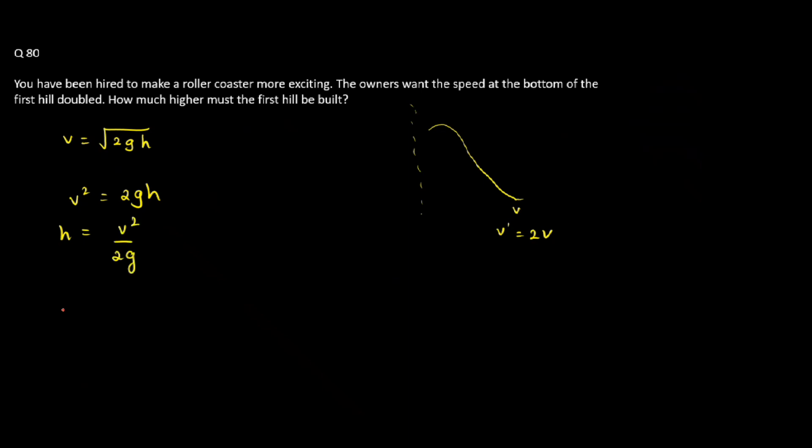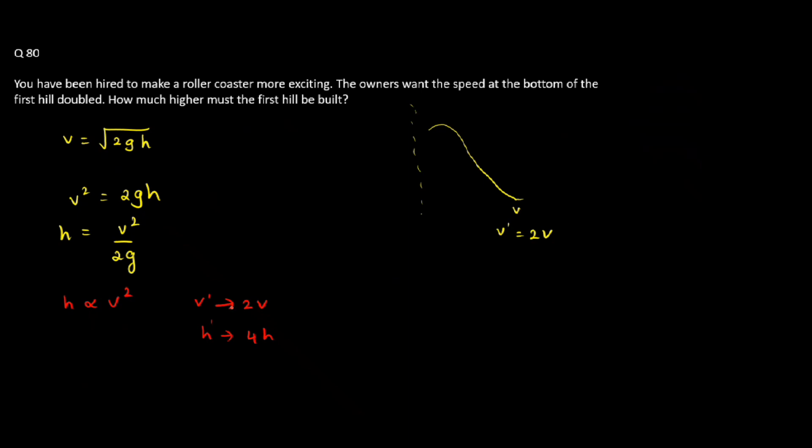Looking at this expression, we see that h is directly proportional to v squared. That means whatever changes I make in v, h will change by the square of that number. So if I double my v, if I make my v 2 times the initial value, h will change to 4 times the initial value.